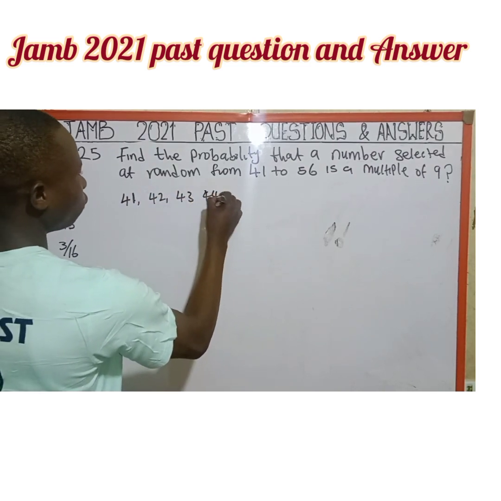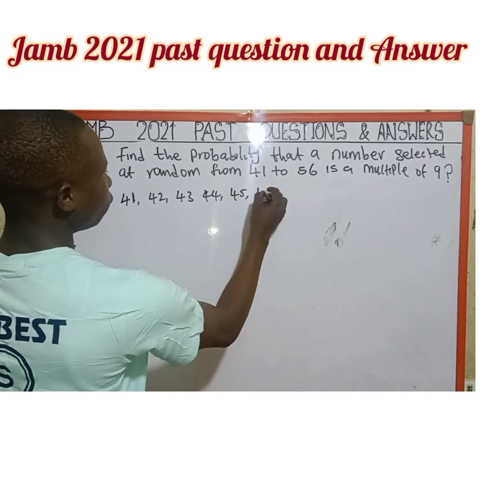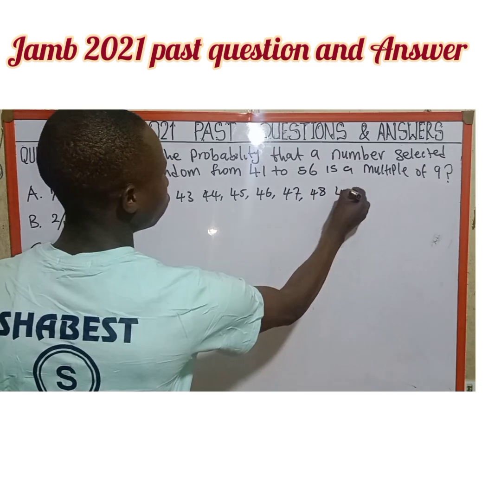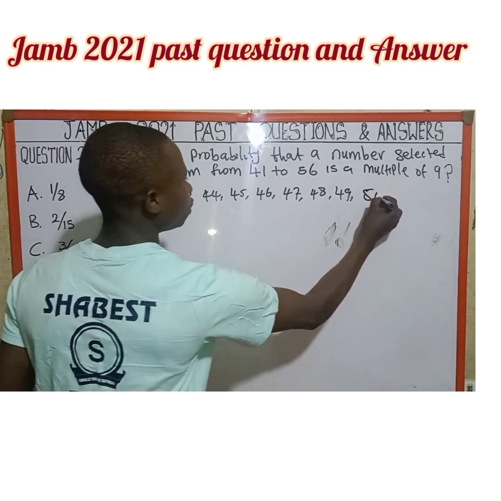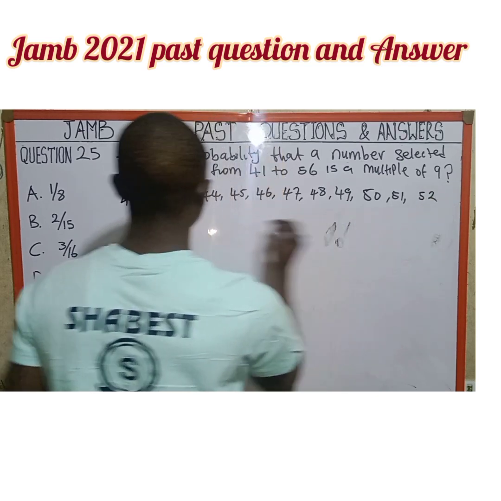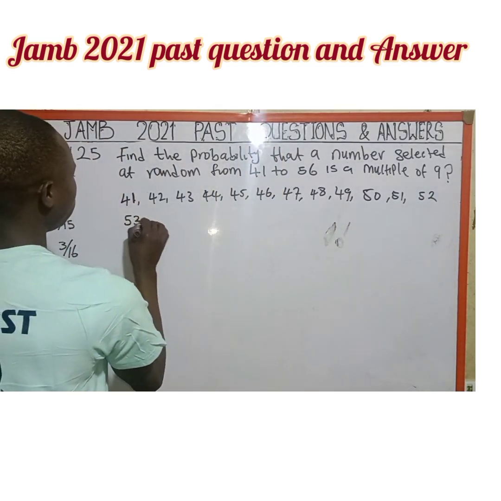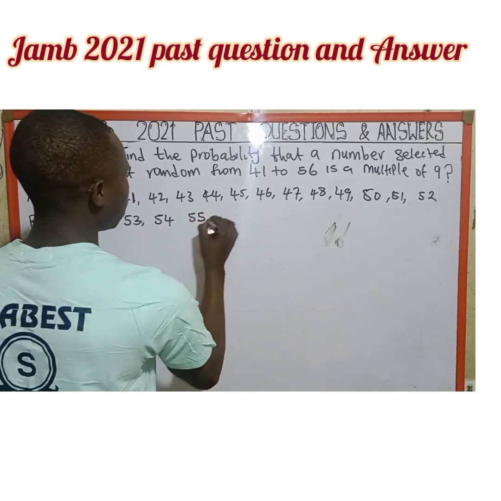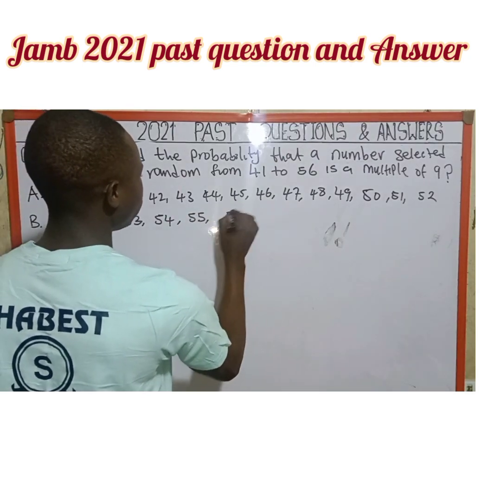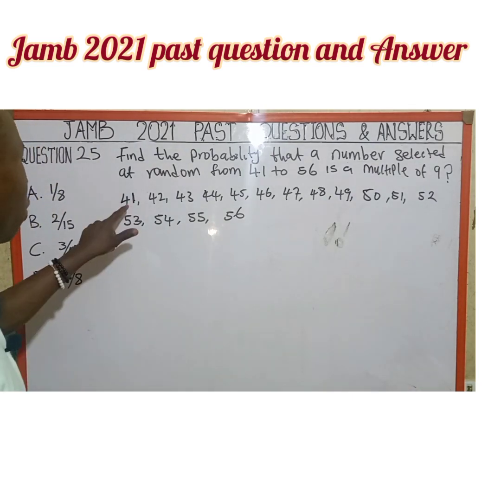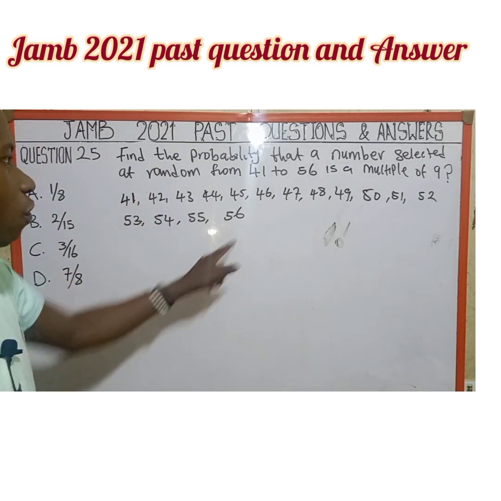So we have 41, 42, 43, 44, 45, 46, 47, 48, 49, 50, 51, 52, then 53, 54, 55, and the last one, which is 56. So this is my sample space from number 41 to 56.